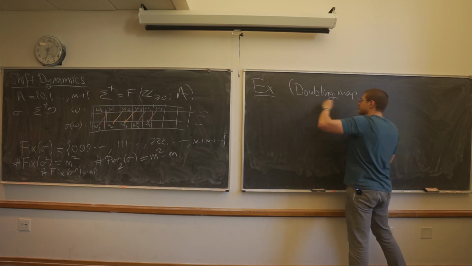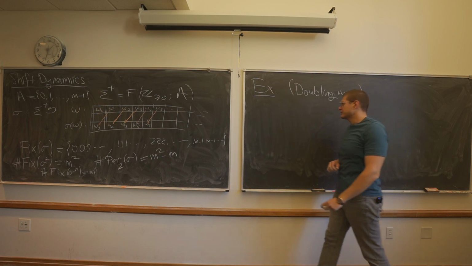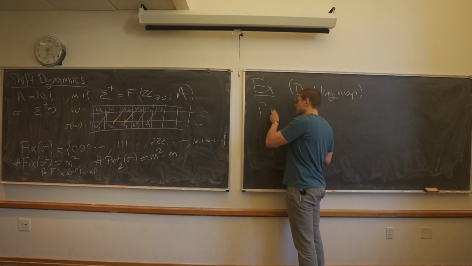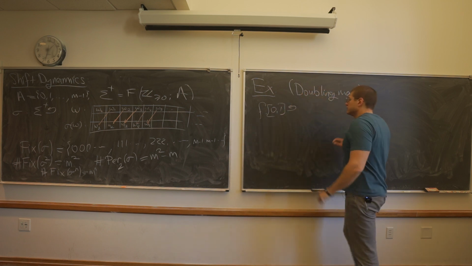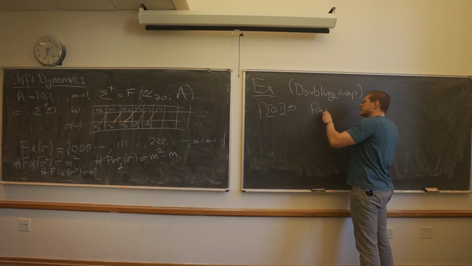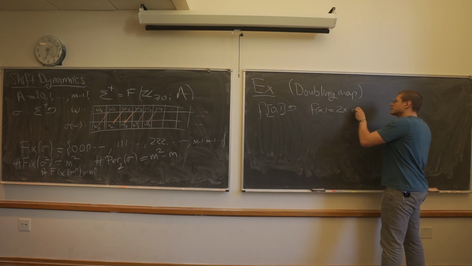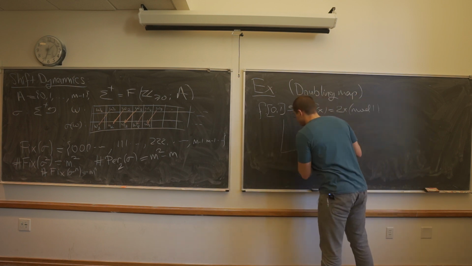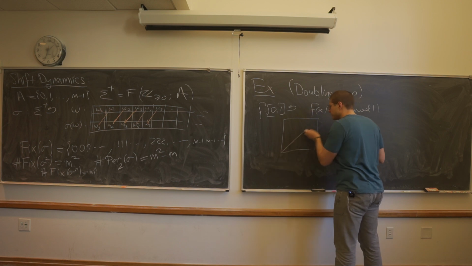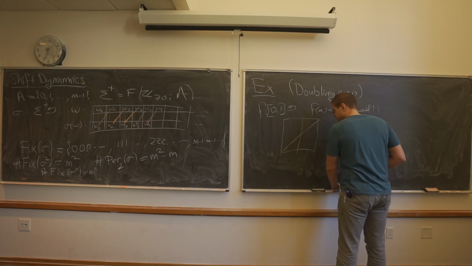Recall that this was a map acting on the interval, and it was nothing but f of x equals 2x mod 1. And its graph looked like this.